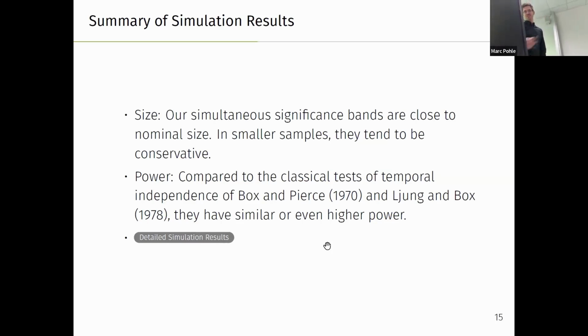But the advantage of those bands, of the sup norm, of the maximum norm, is that you can plot. You can have plots, and you have those plots anyway. So you could even do them properly, as it's as simple.